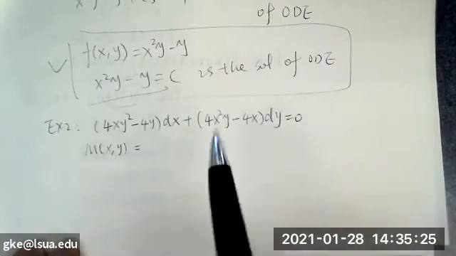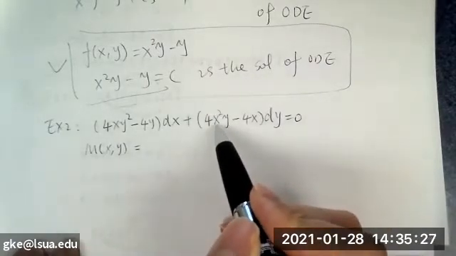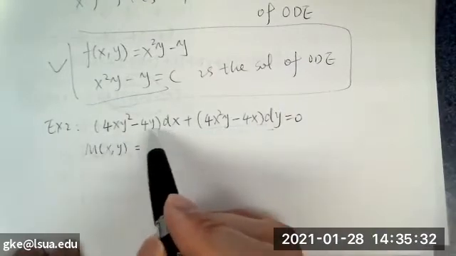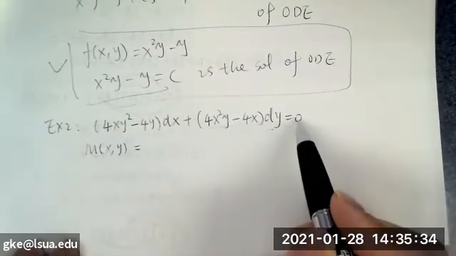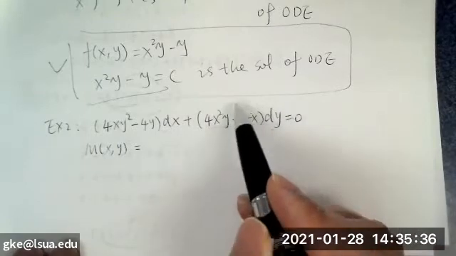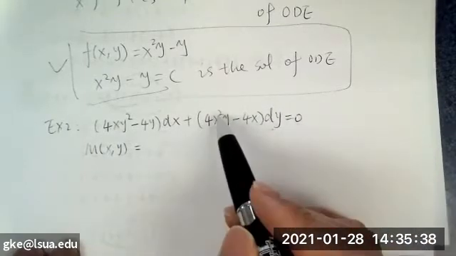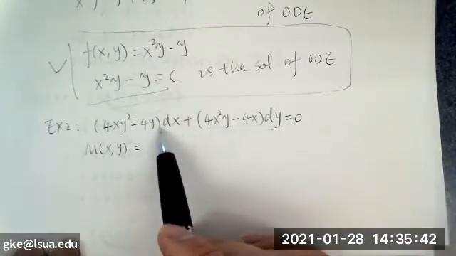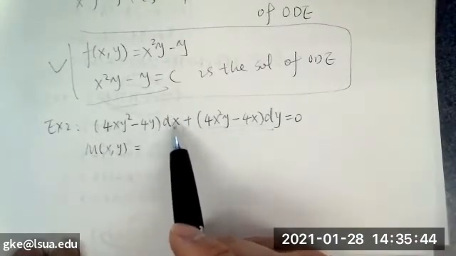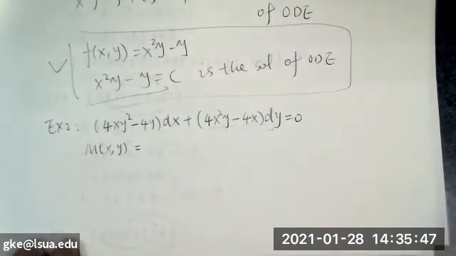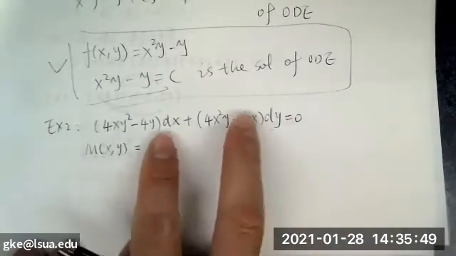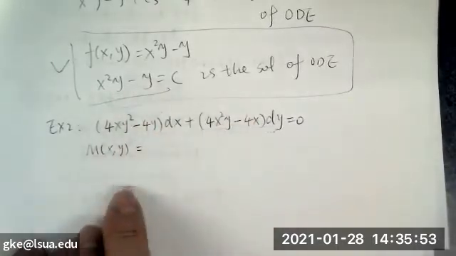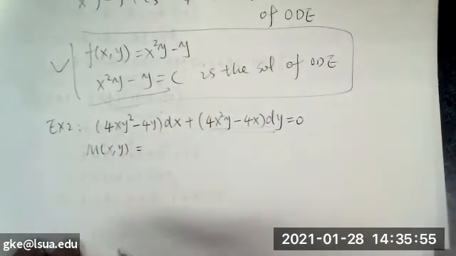Sometimes people like to write this term first and then put the dx term following the dy. So you need to tell M(x,y) is always the function in front of dx. If somebody switches these two, you should be able to tell what is M(x,y) or N(x,y). Okay, be careful.